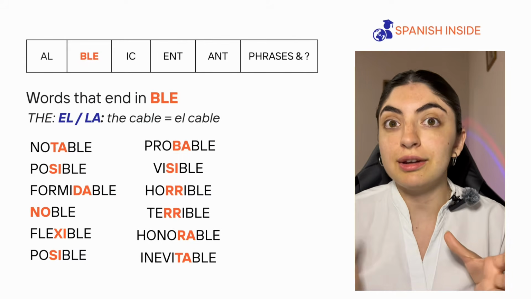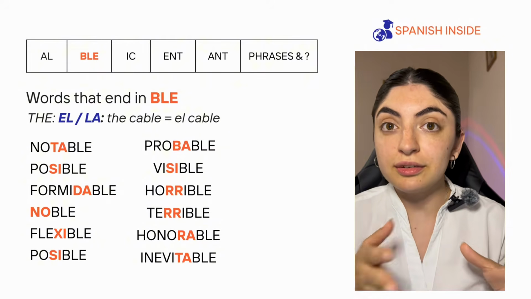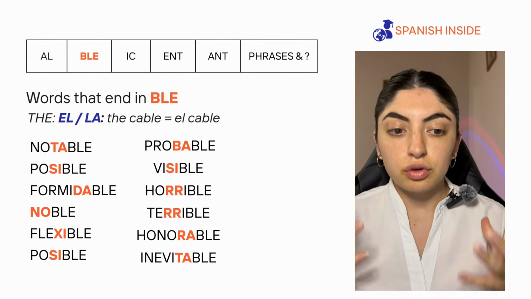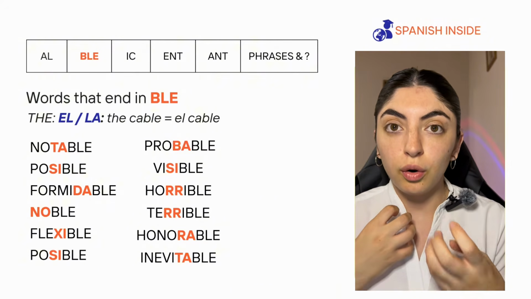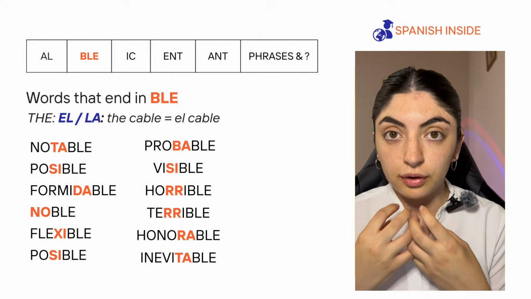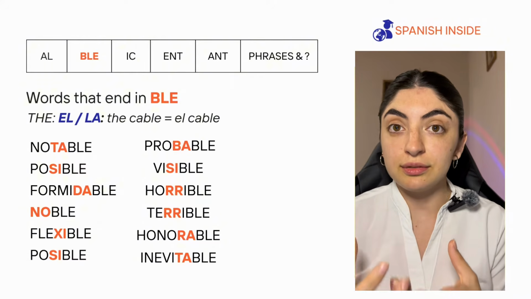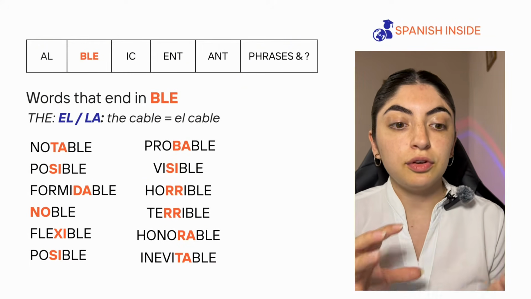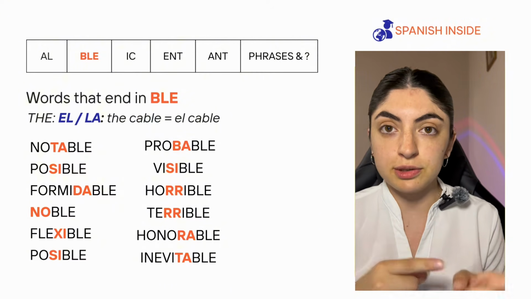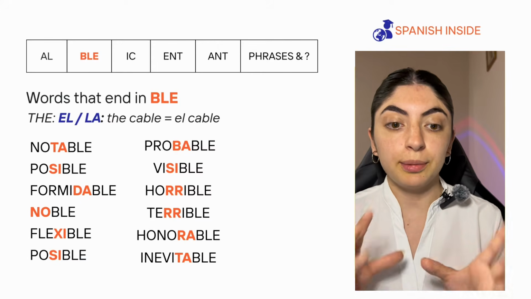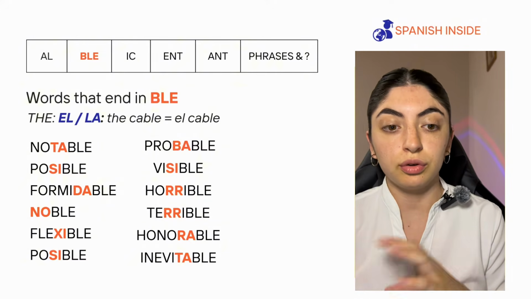For example, notable, posible. So try to pronounce these so you can understand in your own voice how this sounds. Now, if you struggle with the vowels, I recommend you watch the first video that I have prepared about this course, where I'm teaching you how to find your Spanish through your English.